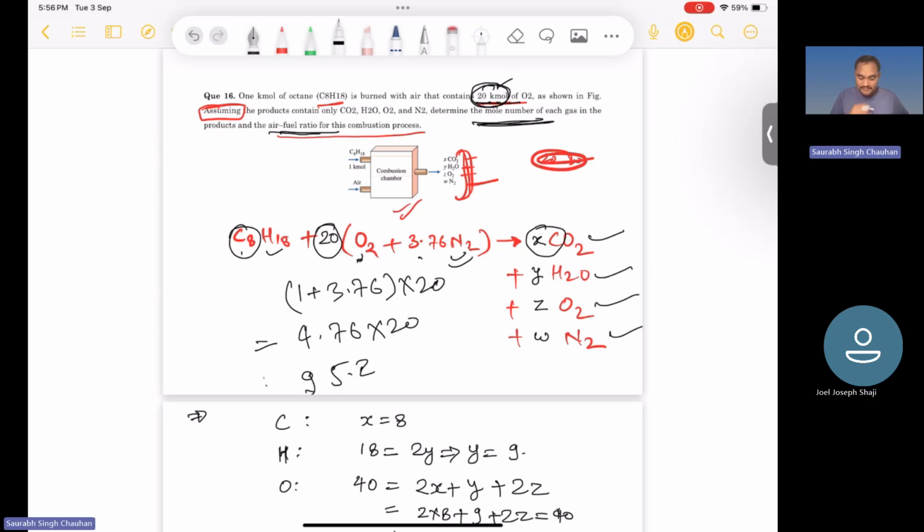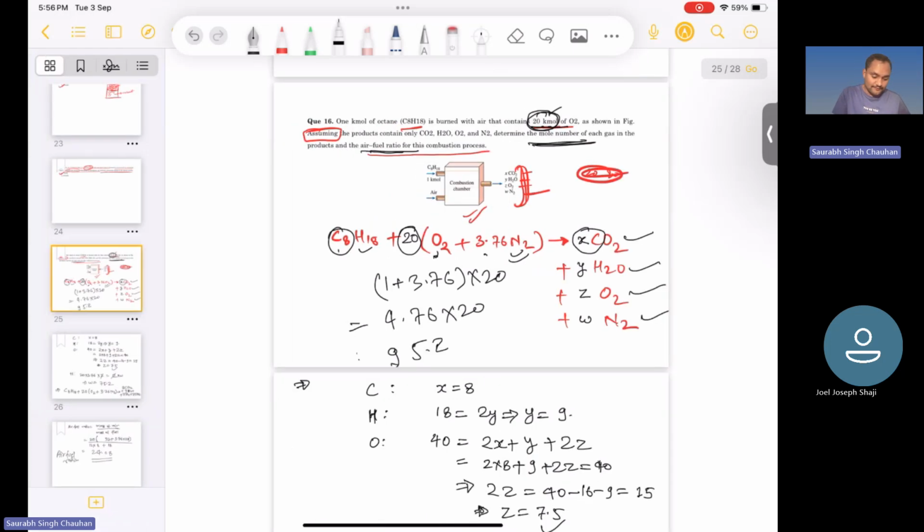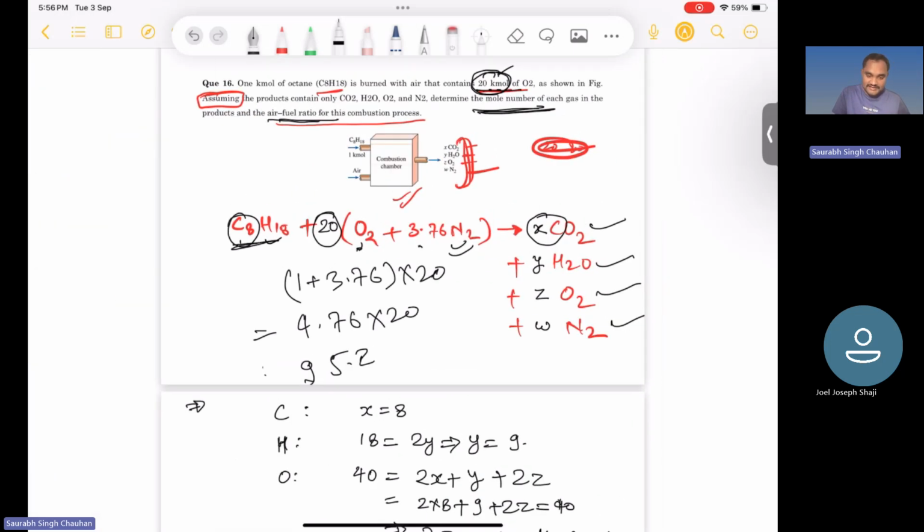See, a few things we already know and something we don't know. What we know is that the fuel is C8H18, that we know, right? And O2 plus this 3.76 N2, this we know from the composition of air.